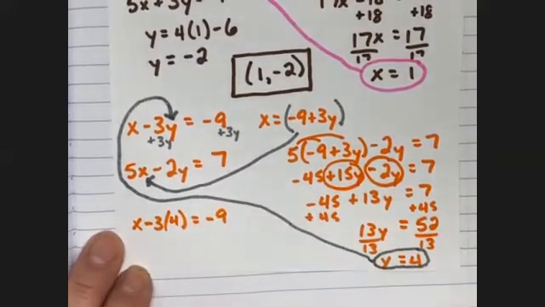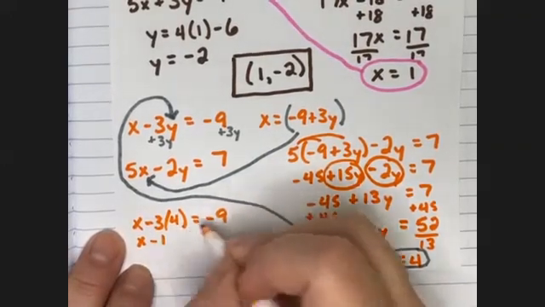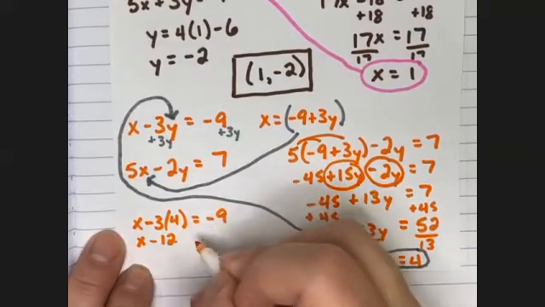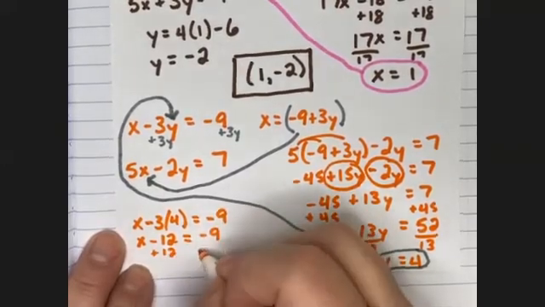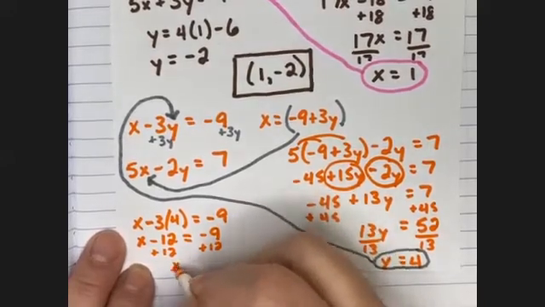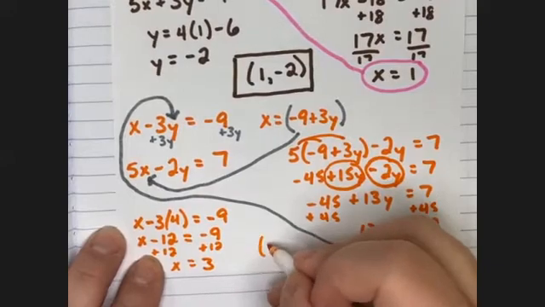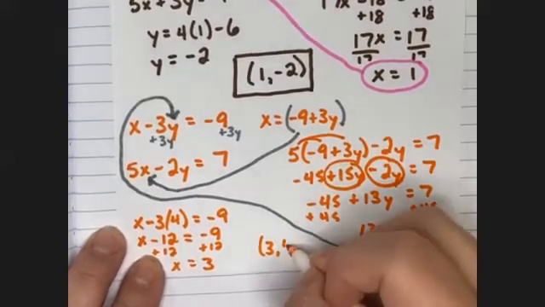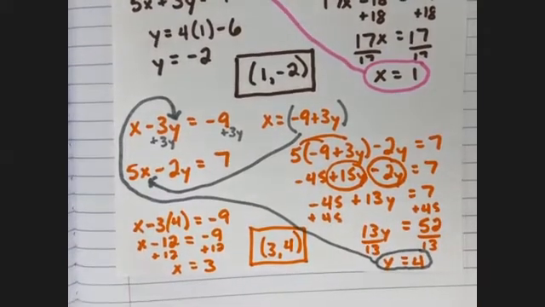And once again, you could do the y1, y2 thing. I do want you to write the equations that you're typing into the calculator, but then you can use the calculator if you want. And I end up with x is 3. So now I'm going to write it as an ordered pair, 3, 4, and it's my answer.